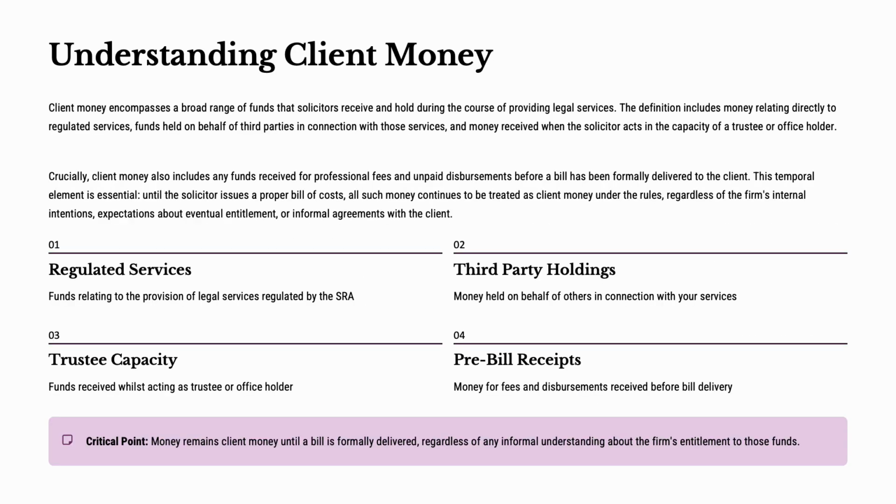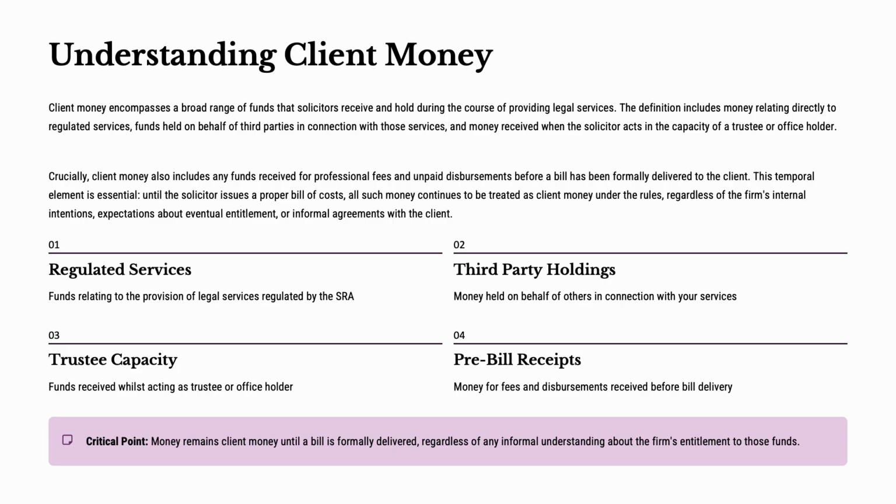So, understanding client money: what do we mean by client money? Client money is the heart of account rules, and understanding what counts as client money will save you a world of confusion in the exam. This includes money paid for legal services, that's number one.